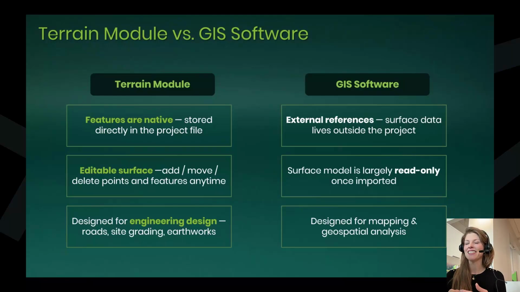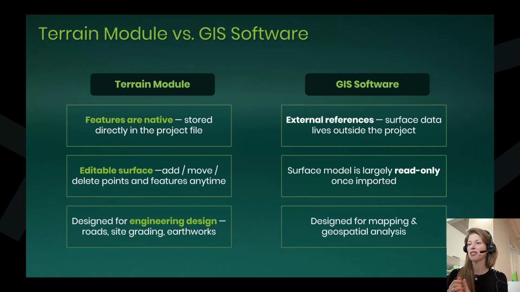You can add, delete, change, modify those feature properties anytime to constantly adjust your model. Whereas if you were working in GIS software, for example, you're dealing with external references, as well as surfaces being predominantly read-only once they're imported. So really big difference in terms of how you can work with and control that survey data that you've imported.